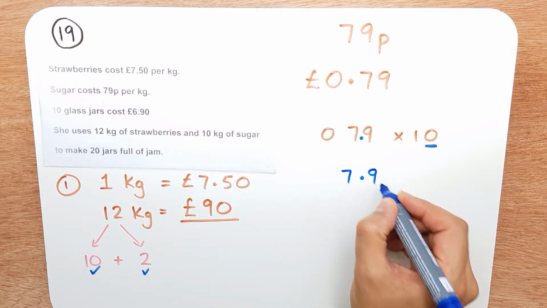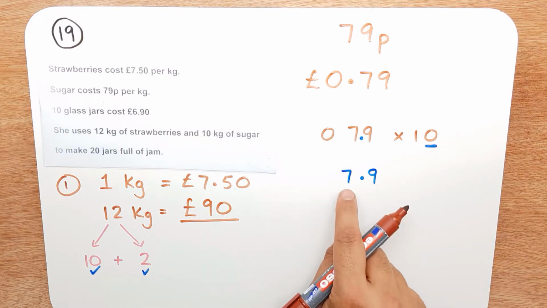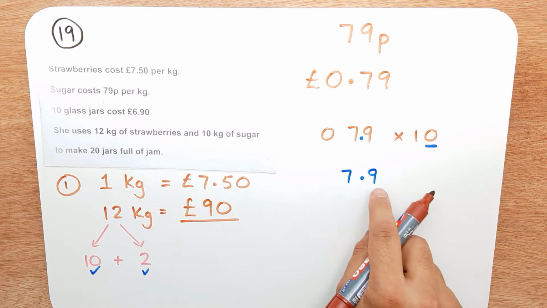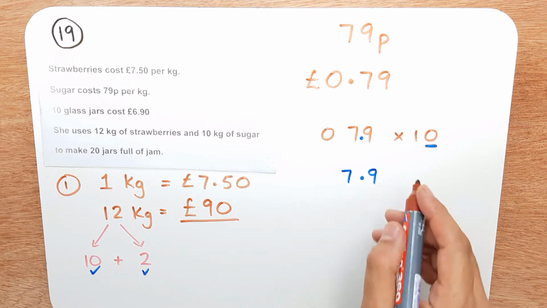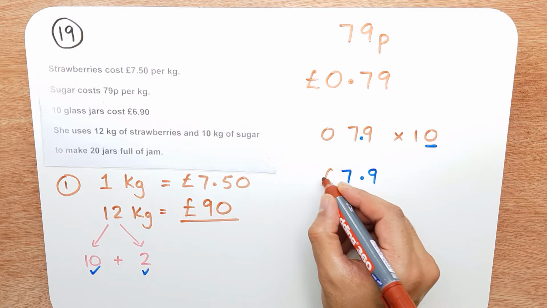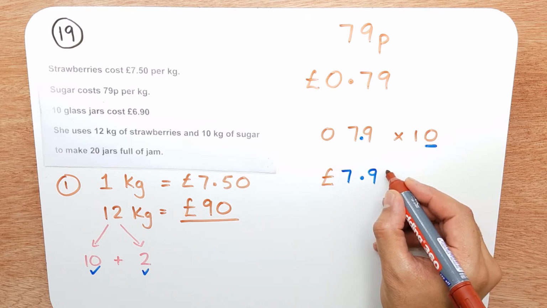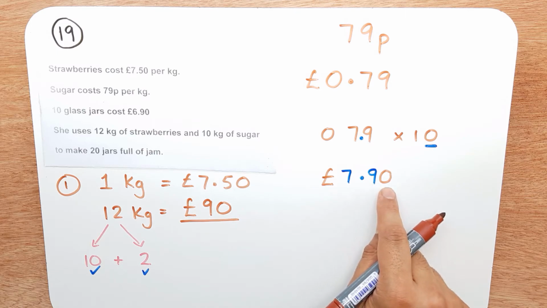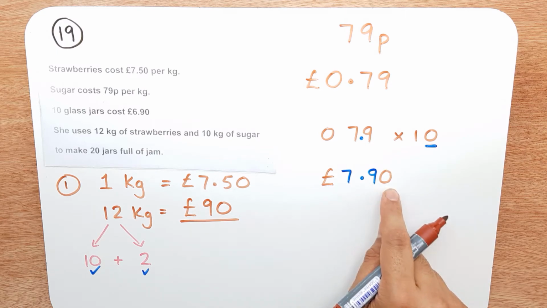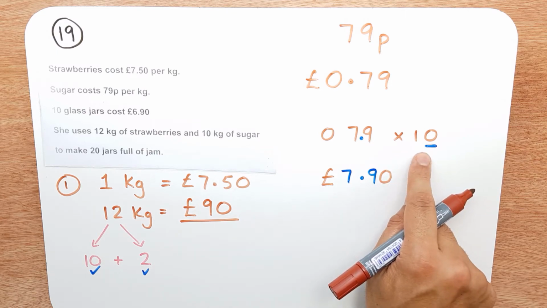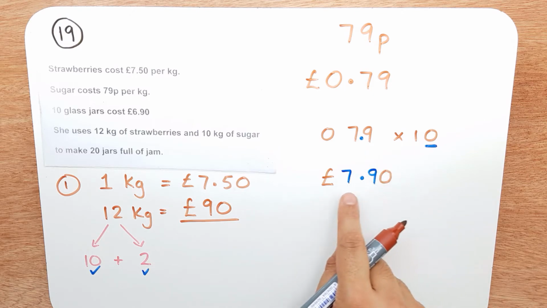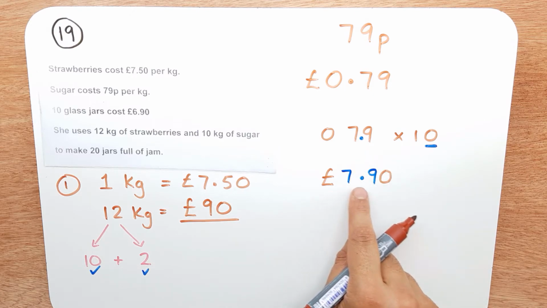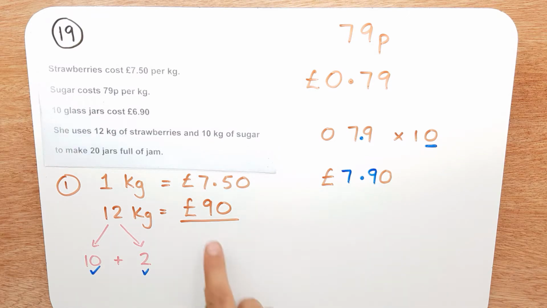Now, when you're dealing with money, you have to have 2 decimal places. So we add a placeholder. So it's £7.90. So for 10 kilograms of sugar, it's going to cost £7.90.